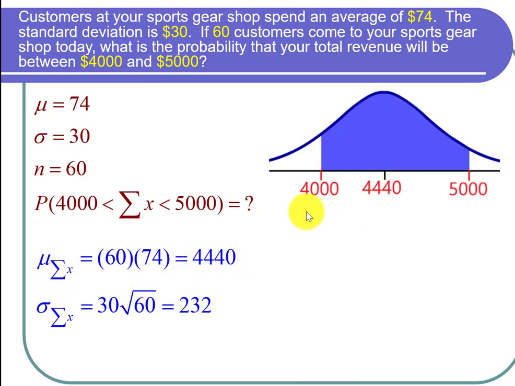We want the probability that our sum is between 4,000 and 5,000, so I shade in the region between 4,000 and 5,000. I want the area of that region, and to do that, the good news is I can use the calculator. So let's go to the calculator and find the area of the region where the low is 4,000, the high is 5,000, the mean is 4,440, and the standard deviation is 232.